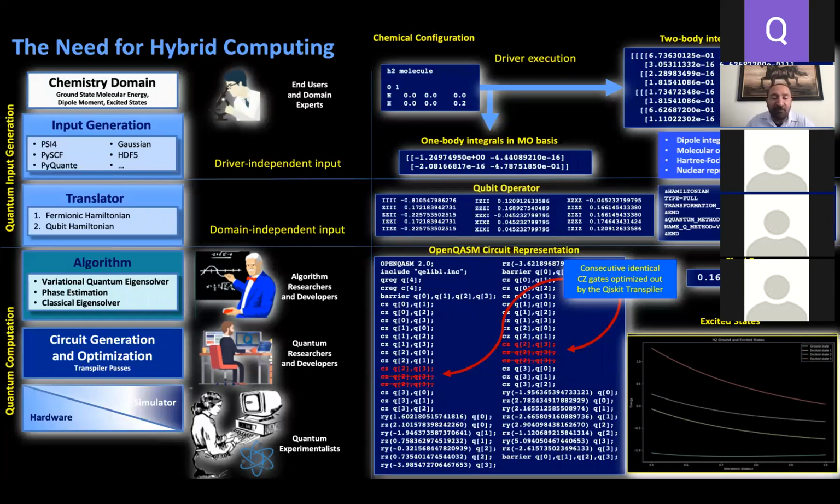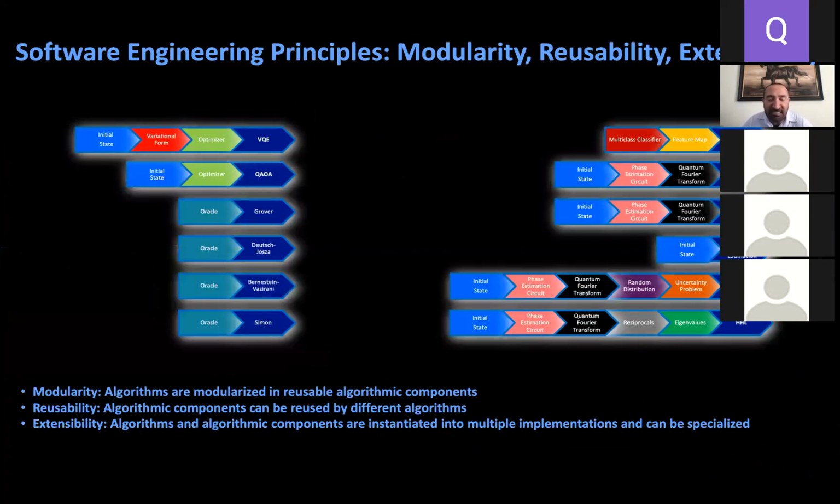So in terms of software engineering principles that need to be applied at this point, I listed here a few quantum algorithms that I've worked on. For example, the variational quantum eigensolver, QAOA, Grover, and so on.